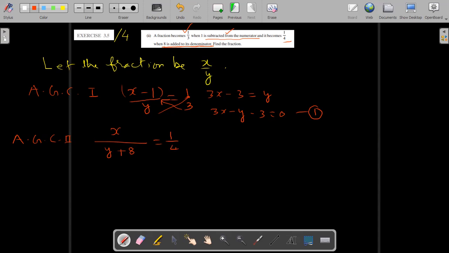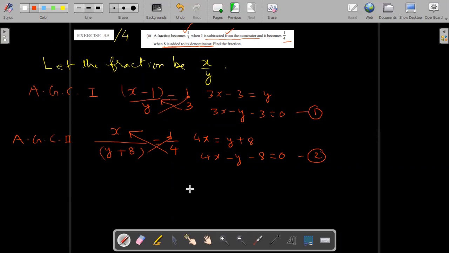Cross multiply. This 4 will multiply with x, and y plus 8 with 1. We get 4x is equal to y plus 8, or 4x minus y minus 8 is equal to 0. This is our second equation.